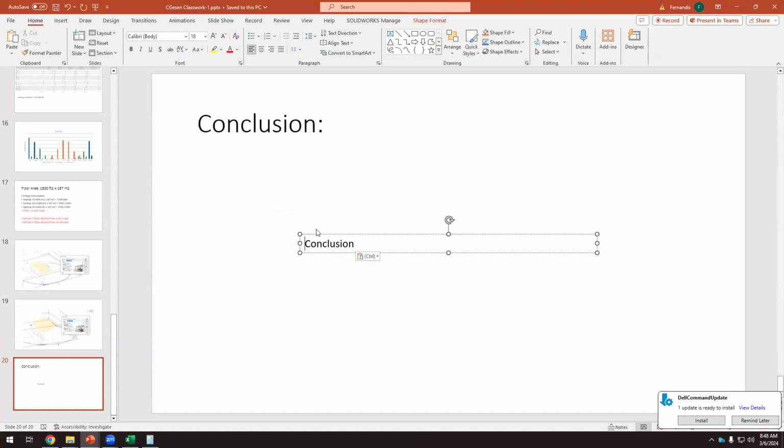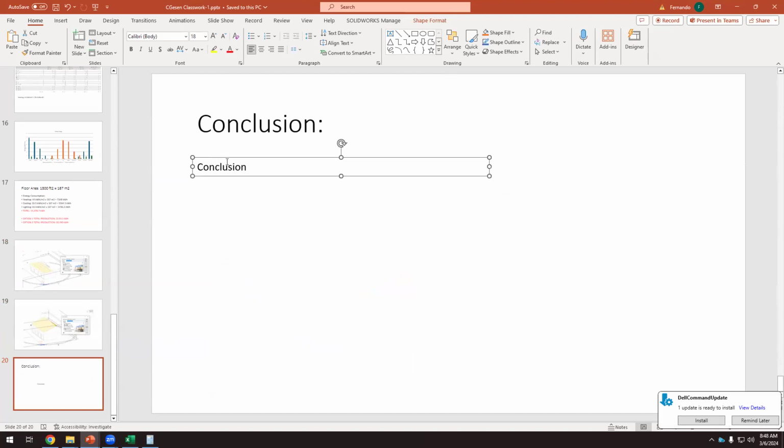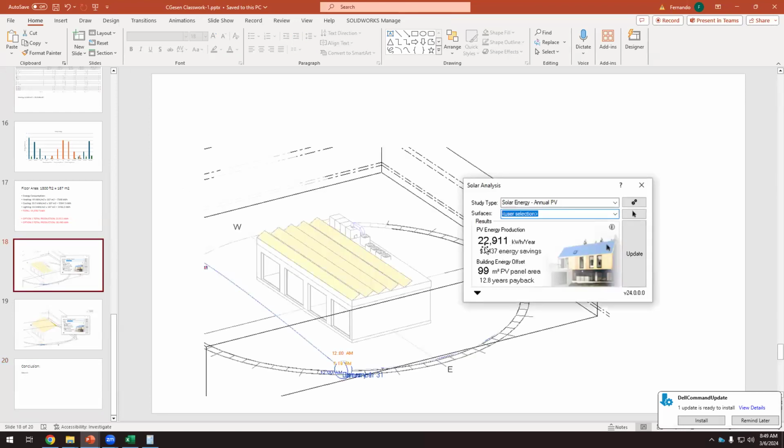So we have option 1, and here we have this value. We produce 22,900.